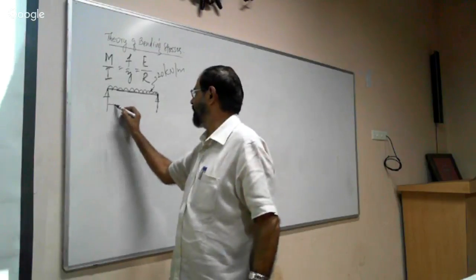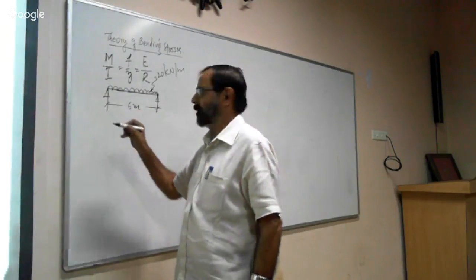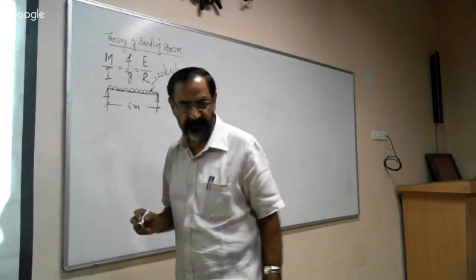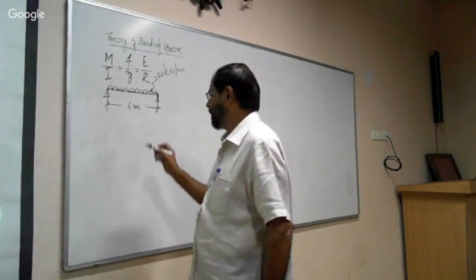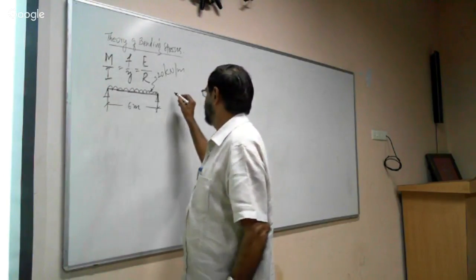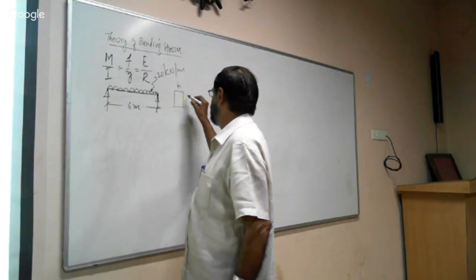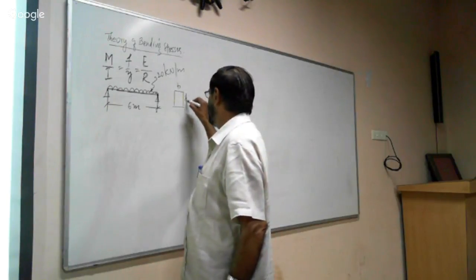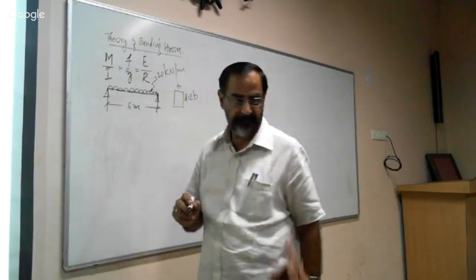So it is a 6 meter span, subject to a load of 20 kilonewton per meter. The given section has width B and depth 2B, that is twice the width.